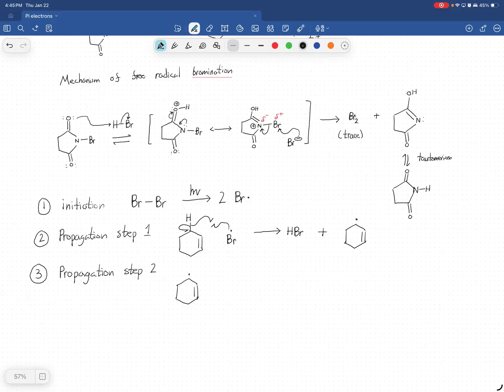Anyone? Close, not bromine radical. So when you have propagation, just think of propagation like this. You have to extend the radical chain. So if I take two radicals, the chain would end. So what other molecule could I attack to regenerate the bromine radical?